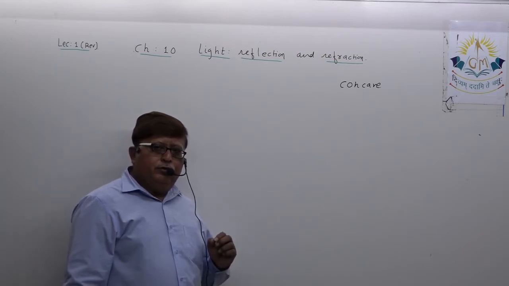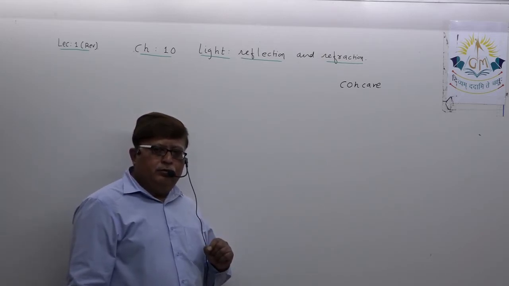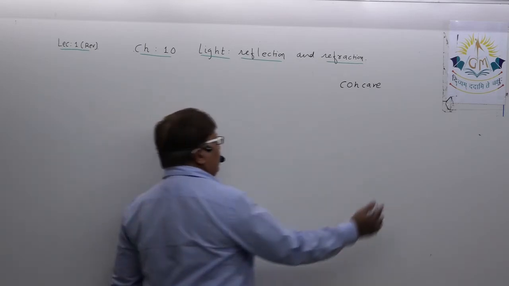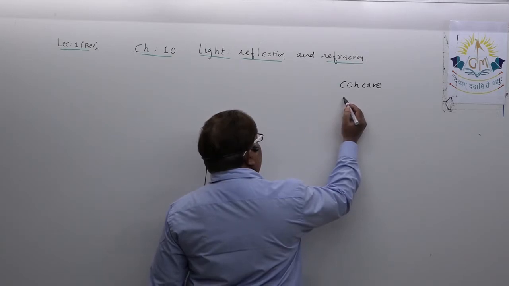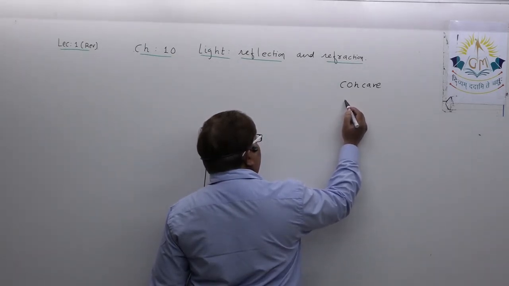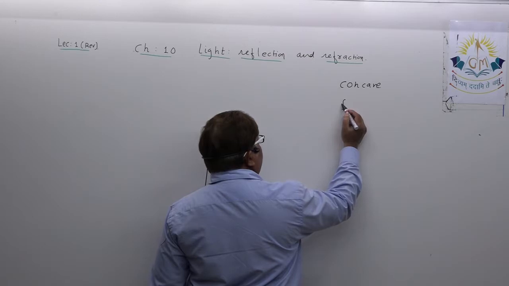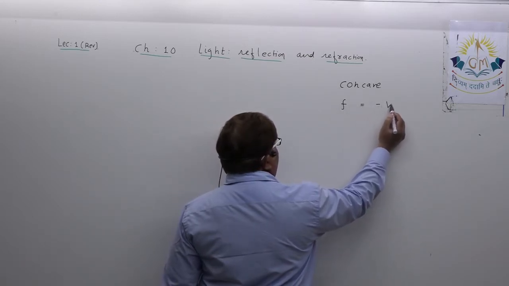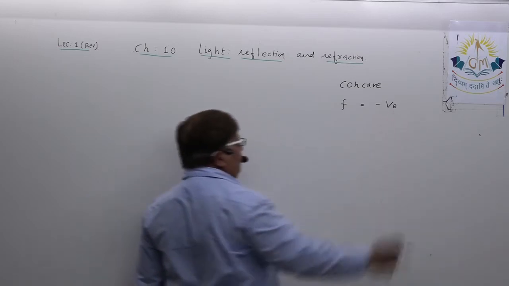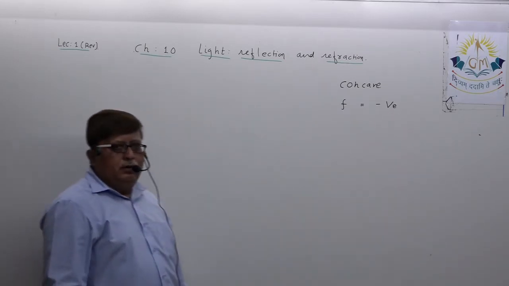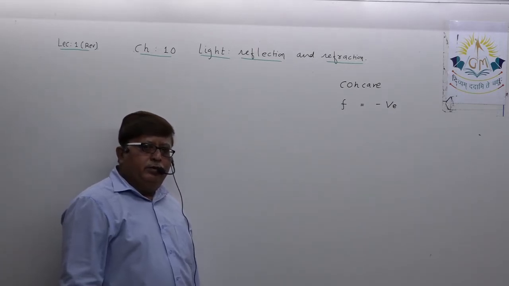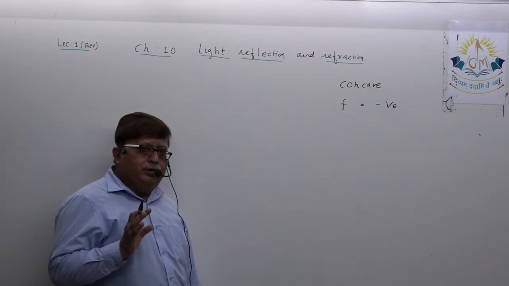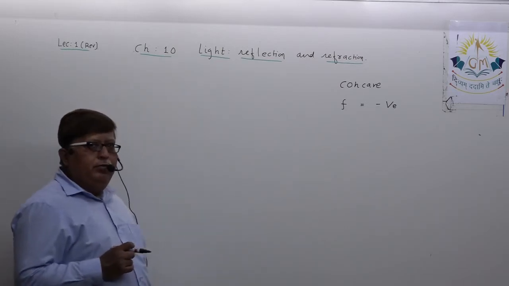You should note down a very important point. For a concave mirror, as you all know, focal length is always negative. These are points you need to keep in mind whenever you solve any example regarding concave mirror.